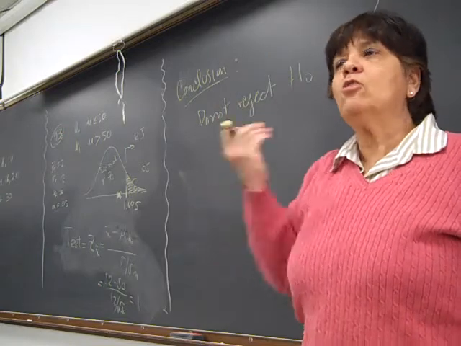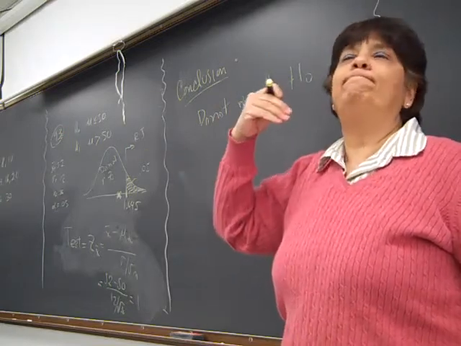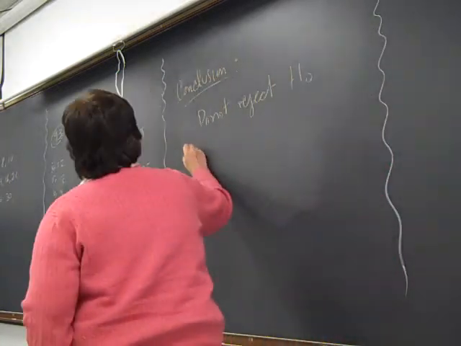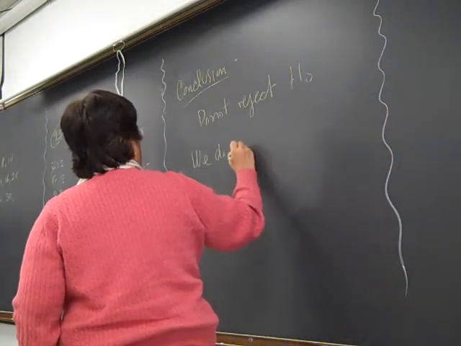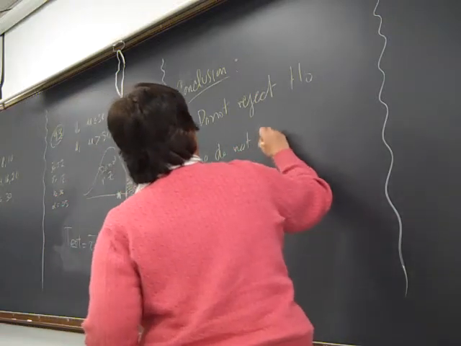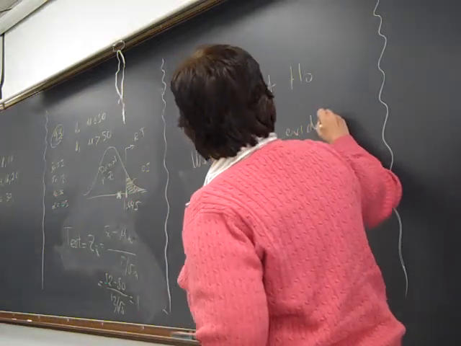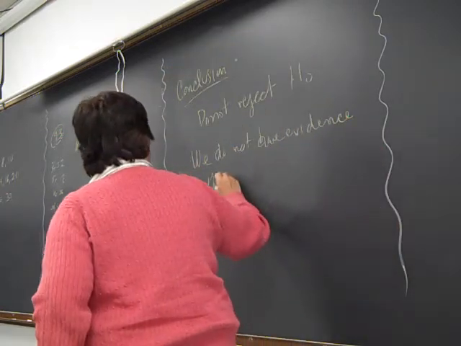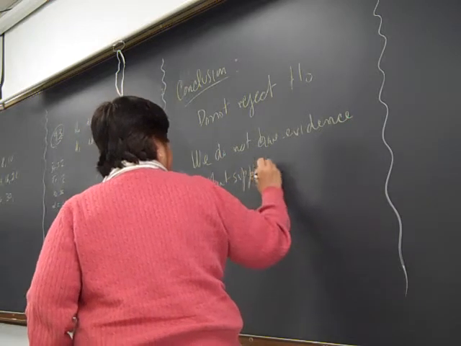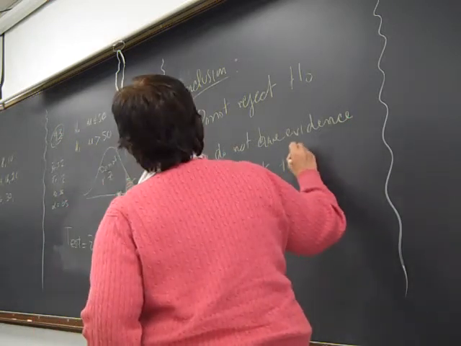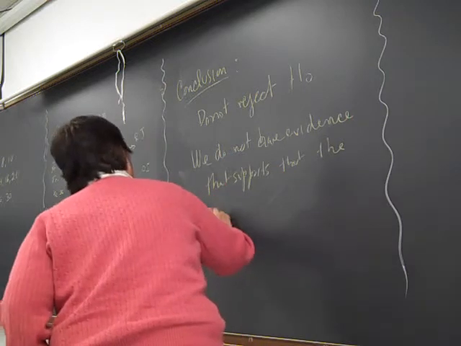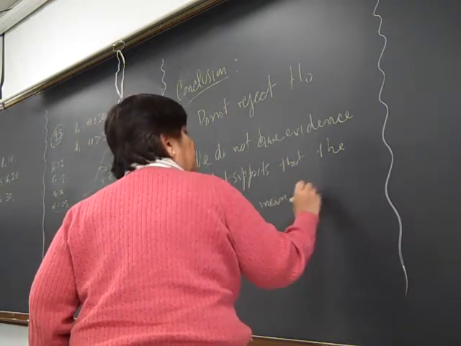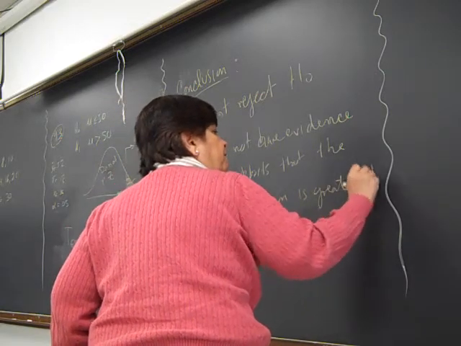So the real conclusion, or in talking statistically, we have to say that we do not have evidence. That's what I want to see in the test. We do not have evidence that supports that the population mean is greater than 50.